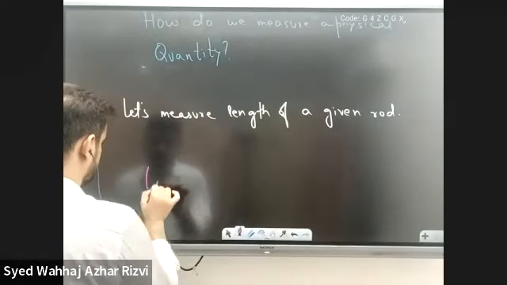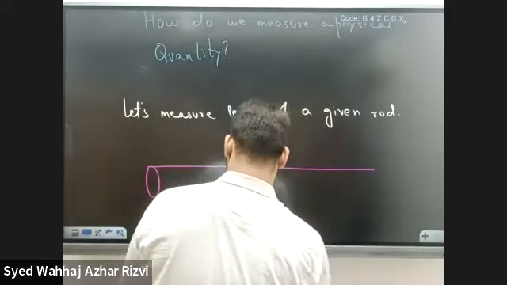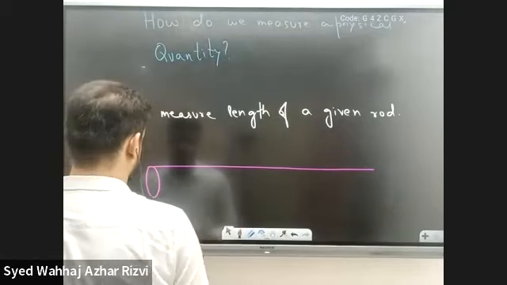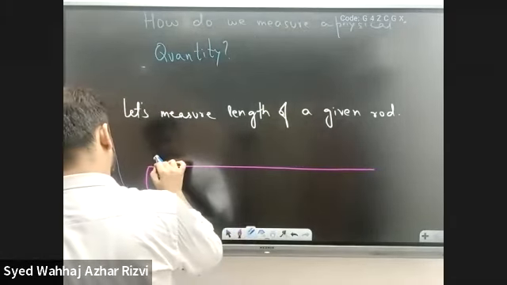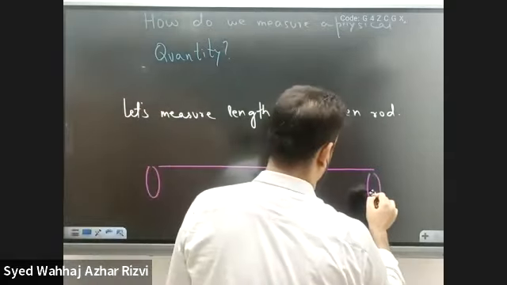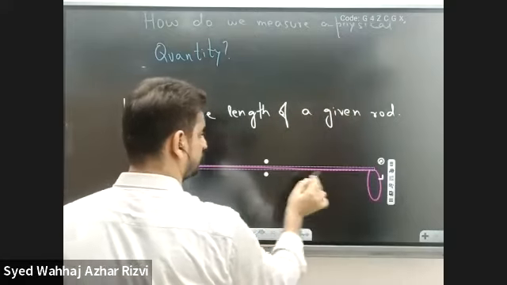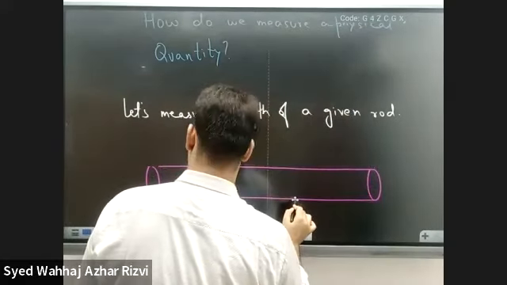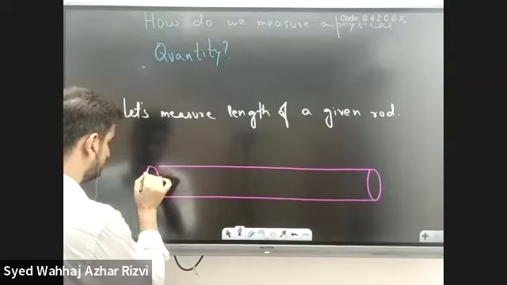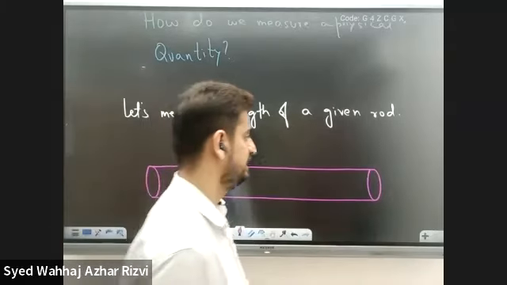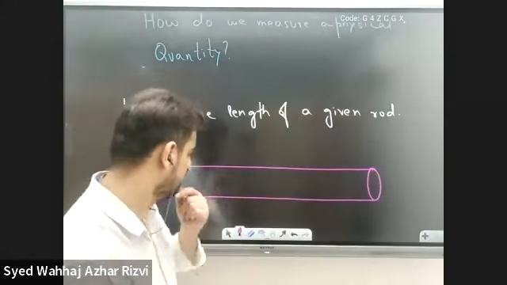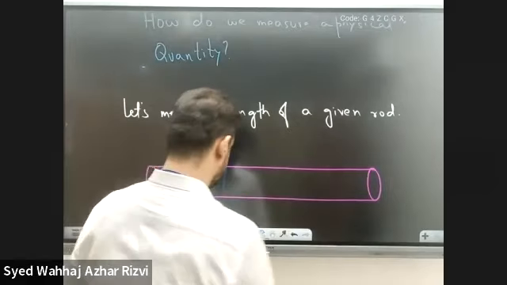Let's suppose we have this rod with us, and the length of this rod is unknown to us, and we want to measure the length of this rod. Okay, so what are we going to do about it?